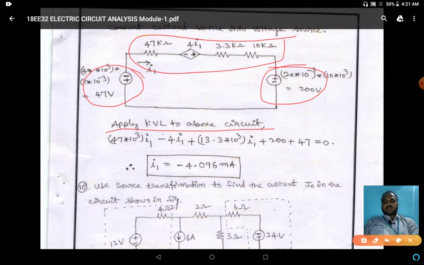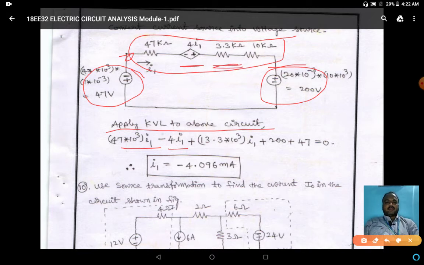We will start from the 47 kilo ohm: 47 kilo into I1. Next, a dependent source is there. It's not independent. Dependent sources are drawn in a diamond shape: minus 4I1. Plus the 3.3 kilo ohm is there, right?